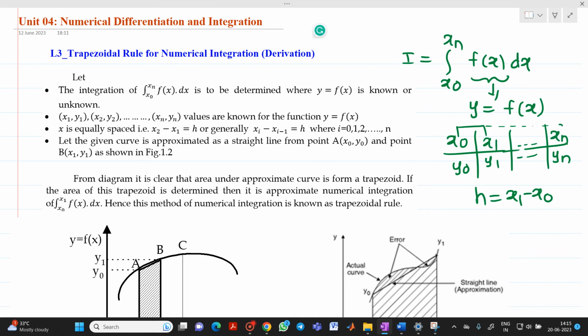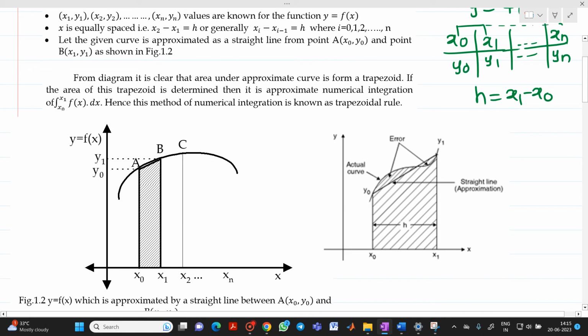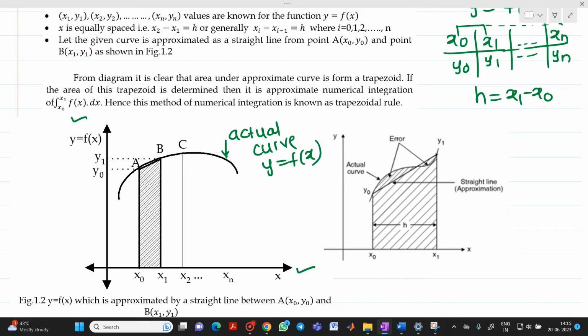So let's see, suppose we have this x-axis and this y-axis. This is your curve, the actual curve of y equal to f of x. Now let's take two values here, x0 and x1, in such a way that they create a point A having coordinates (x0, y0) and a point B having coordinates (x1, y1) on the curve.